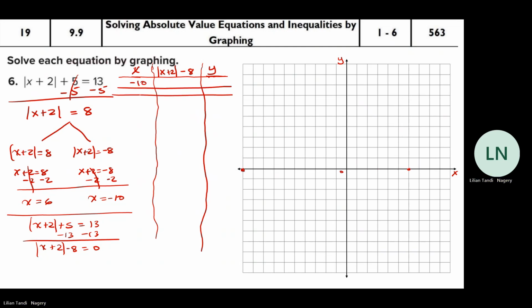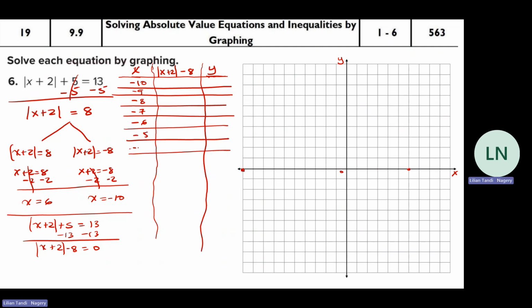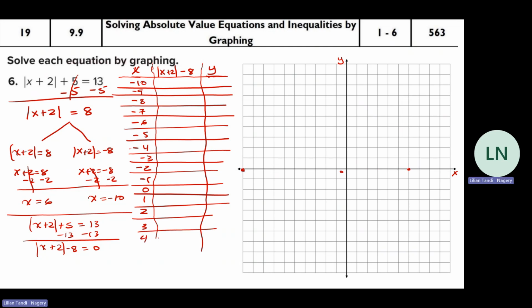So negative 10, negative 9, negative 8, negative 7, negative 6, negative 5, negative 4, negative 3, negative 2, negative 1, 0, 1, 2, 3, 4, 5, 6, 7, 8, 9. 6 is already with 0 because it is a solution. Negative 10 is also with 0, okay, because it's a solution. So your graph might start there, okay?